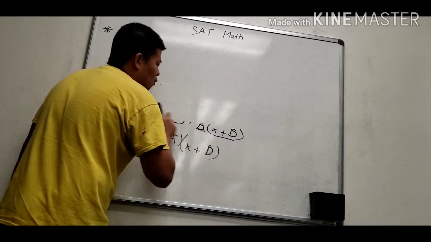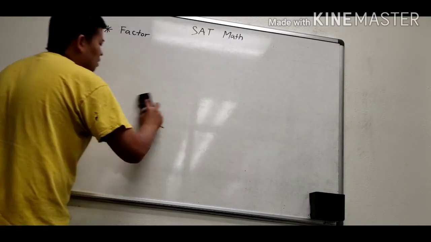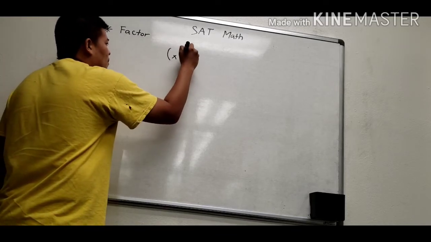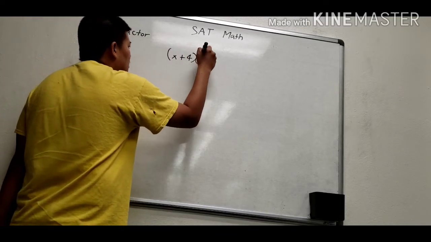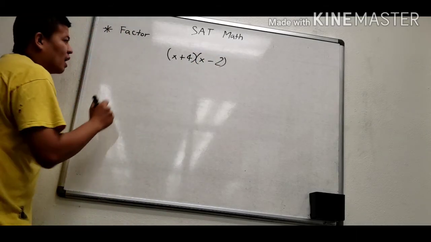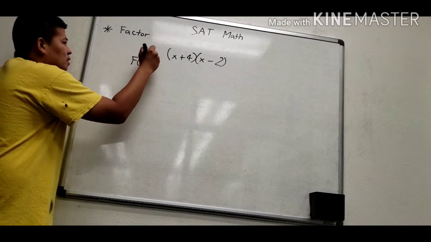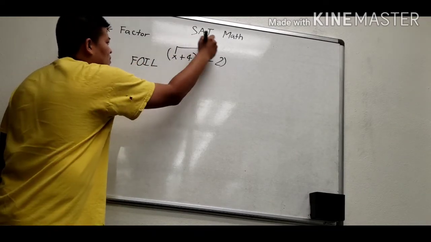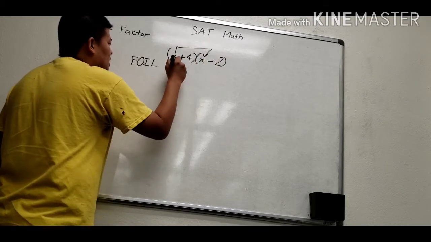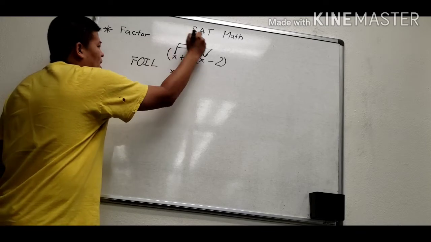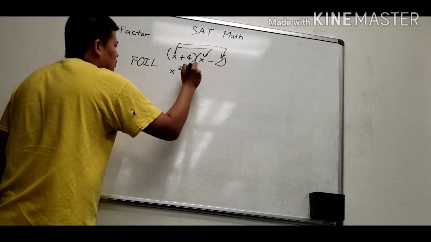So I provide one real example. S plus 4, s minus 2. So we apply the above FOIL in here. And we have s multiplied with s. That's s power 2. Outside is s multiplied with minus 2.